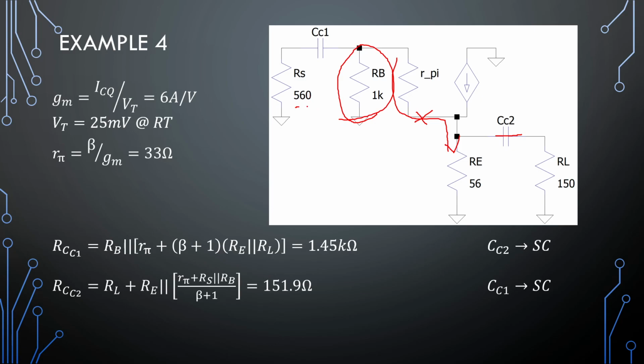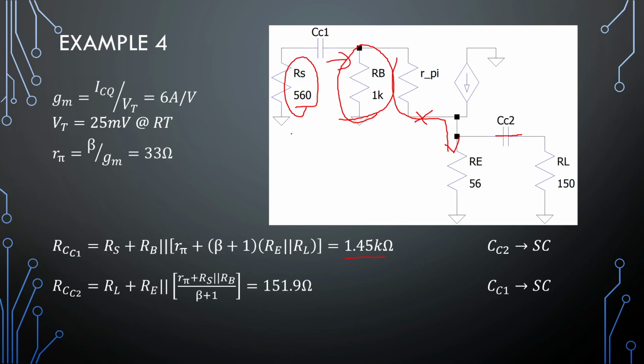And we should add RS to this. Right, so we have RS plus RB parallel to R pi plus beta plus 1 RE parallel to R load, which gives us 1.45 kilo ohms. So again, the input impedance of a common collector amplifier plus the source resistance.